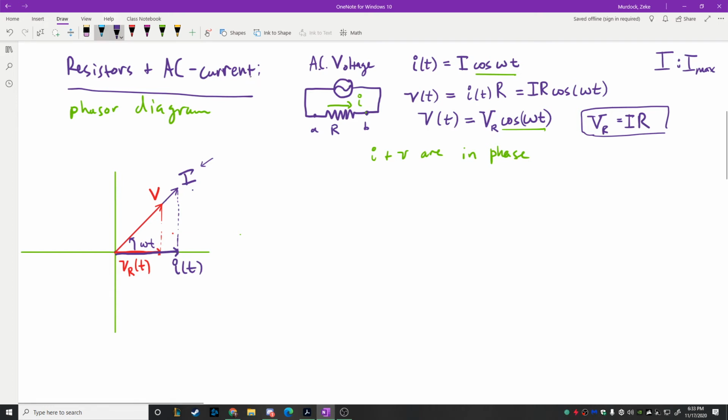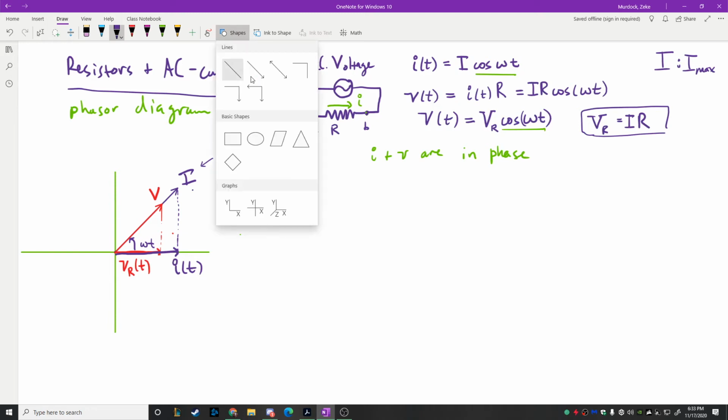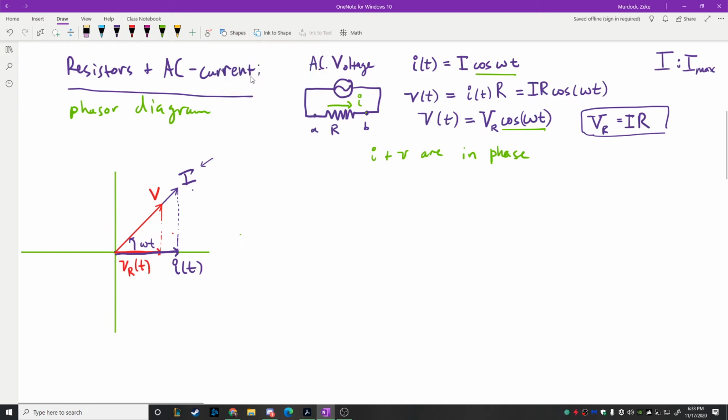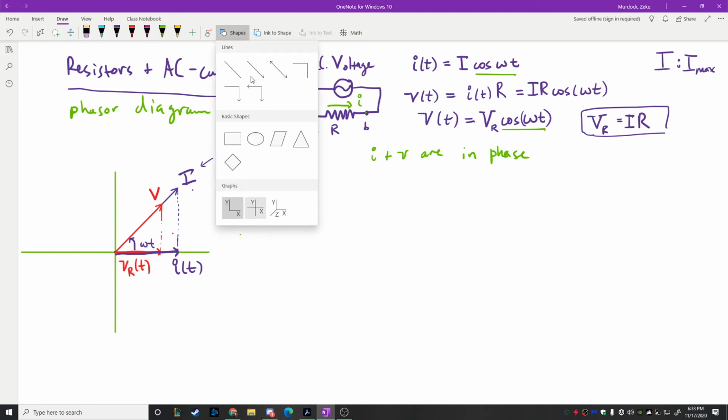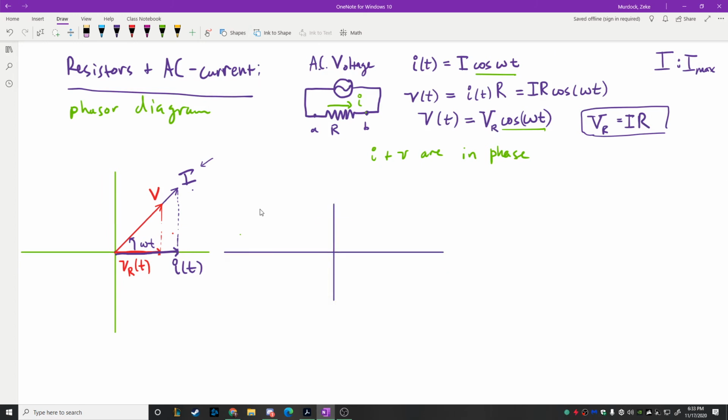And we could go a little bit farther with this here. We could, for example, do a plot if we wanted to. So if I want to do a plot of the way that this works, then I would say, well, they're in phase with each other and they're both cosine functions, right? So if I want to plot the current up here as a function of time, it's going to look like just your standard cosine function.